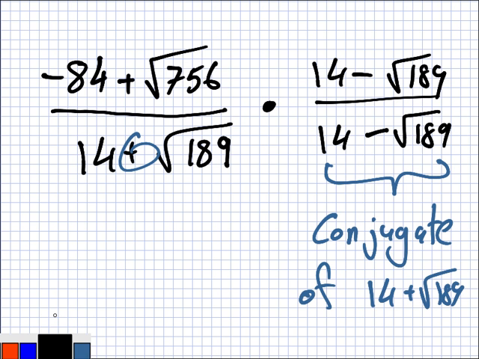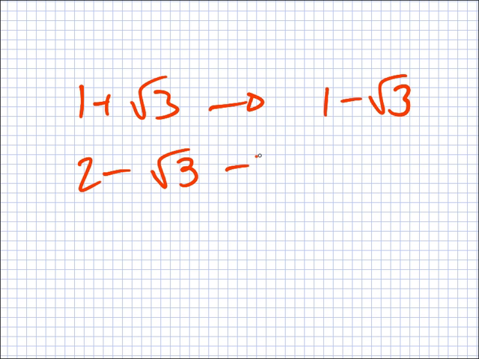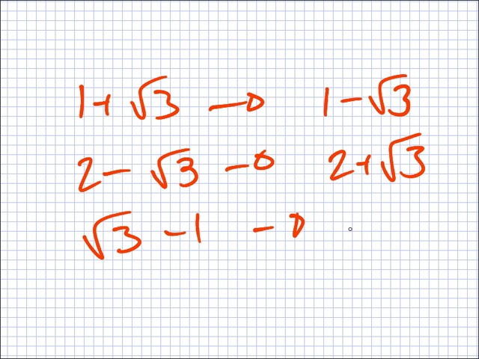Just before we continue, I'll go back to this in a moment, let's practice. The conjugate of 1 plus root 3 is 1 minus root 3. What's the conjugate of 2 minus root 3? 2 plus root 3. Root 3 minus 1? Minus root 3 minus 1.